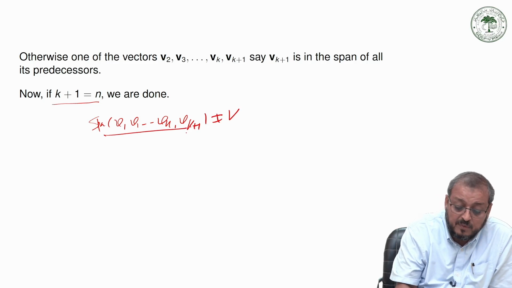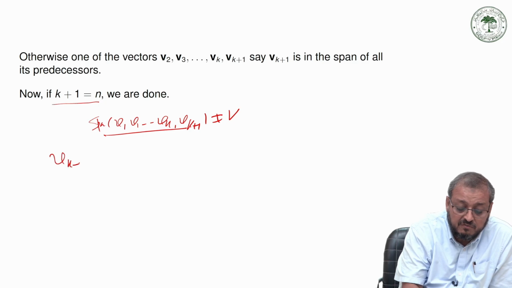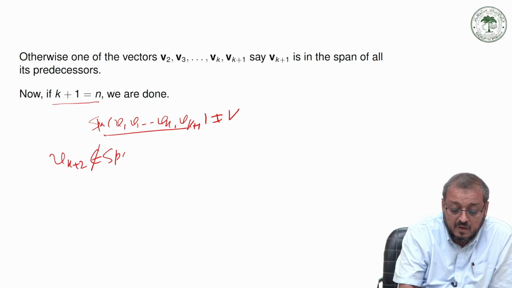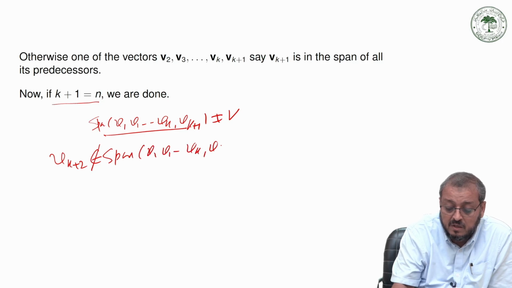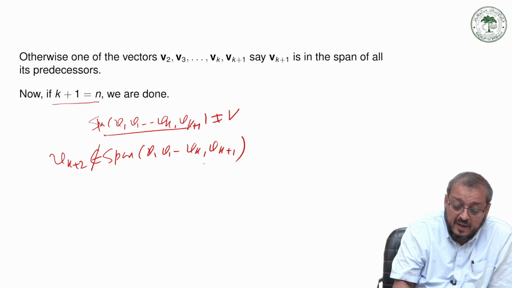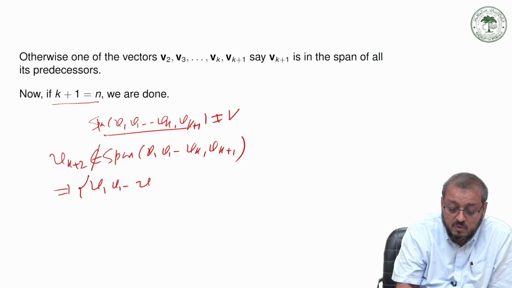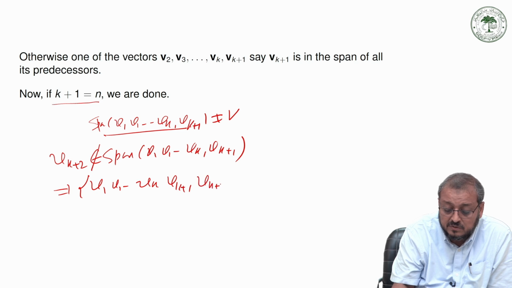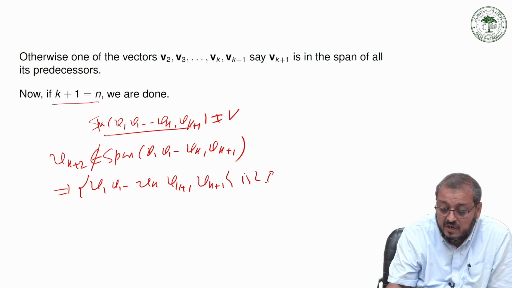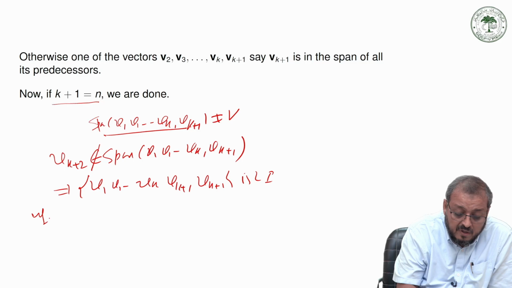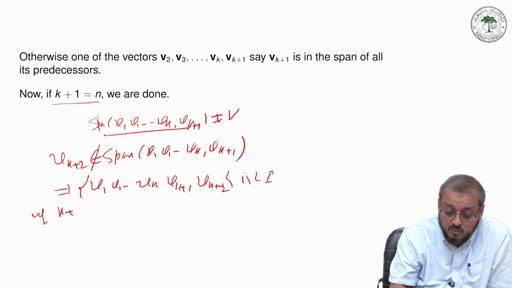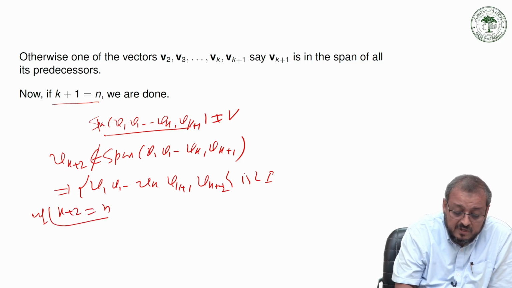If it is a proper set, we can find another vector v_{k+2} which does not belong to the span of v1, v2, ..., vk, v_{k+1}, and then the set v1, ..., v_{k+2} is linearly independent. If k plus 2 is equal to n, we are done.